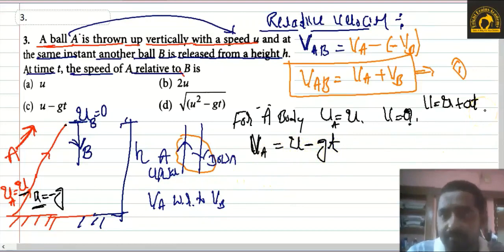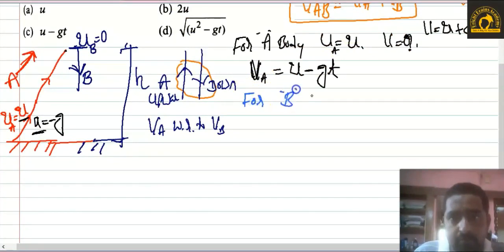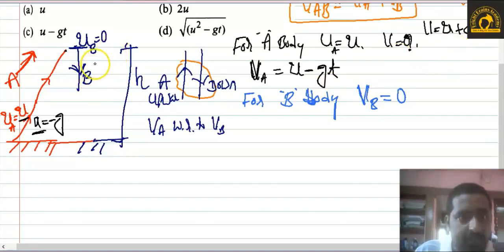Now come to body B. For body B, the initial velocity is 0.